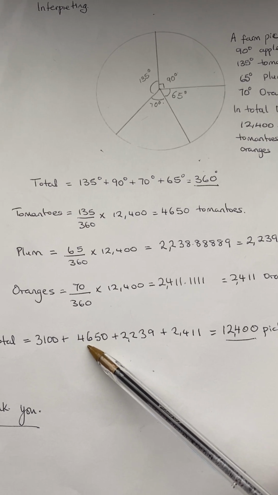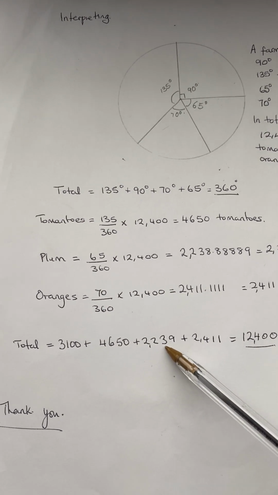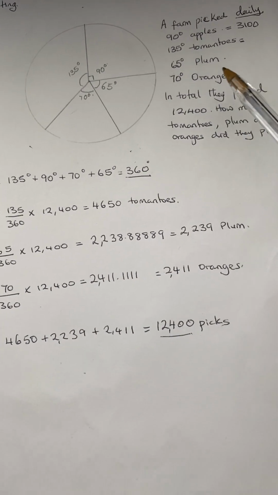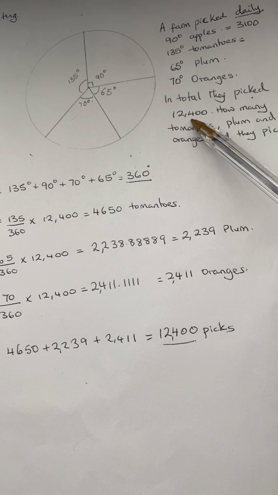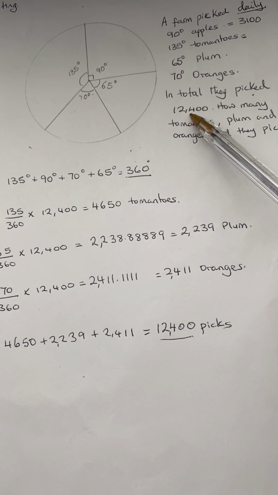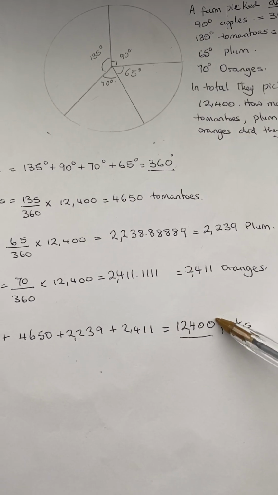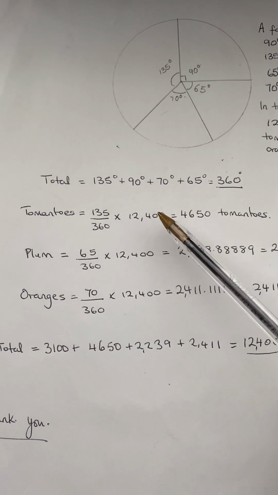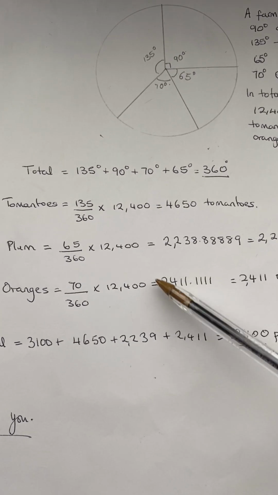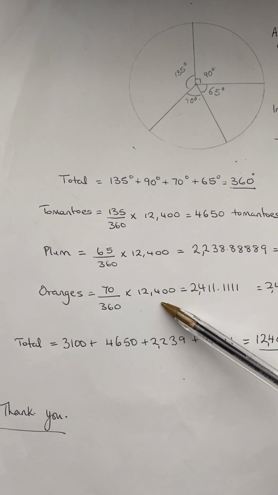Okay, now when you add everything, the amount of apples picked, the amount of plum picked, the amount of tomatoes, and the amount of oranges, you should get 12,400. Okay, if you don't get that, then there is something wrong with one of your calculations. You should quickly go back and check.